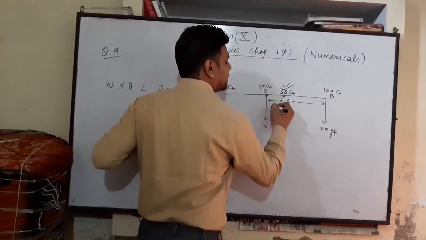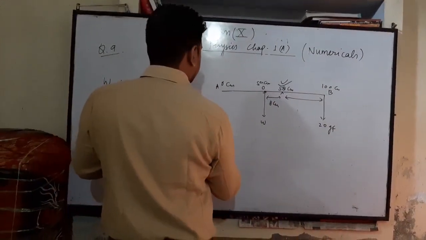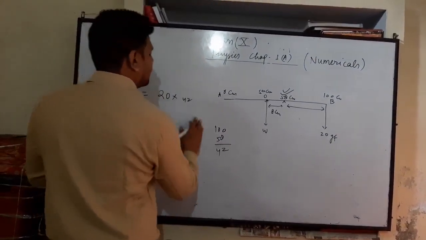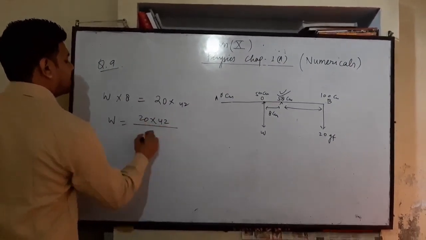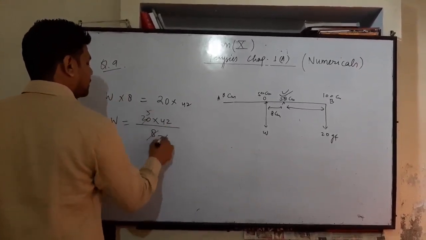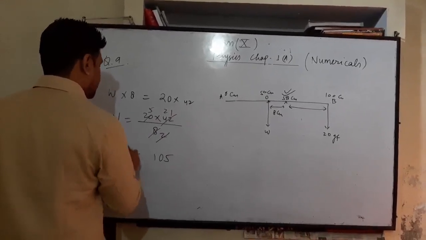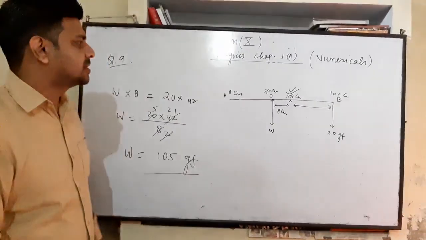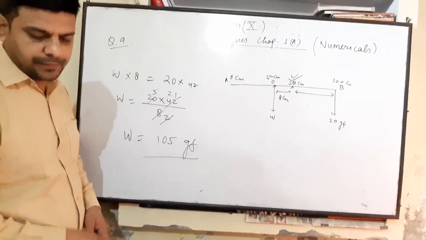This is 8 centimeter and this one is 100 minus 58, 42. Then W is equal to 20 into 42 upon 8. This is 105, unit is gram force. This is the diagram and this is the calculation for the weight of the rule.